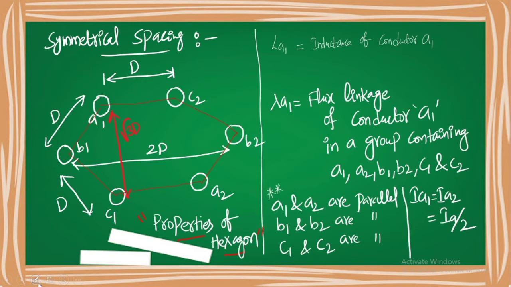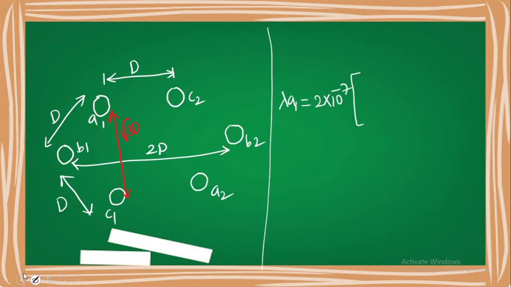Now, if you observe the same diagram, lambda A1 can be given by 2 times 10 power minus 7. Now, how many terms will you get? You will get 6 terms. Why will we get 6 terms?